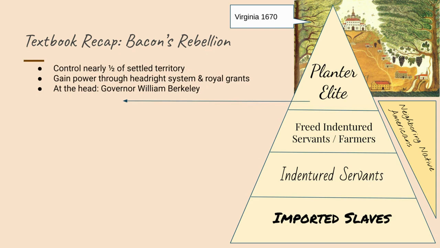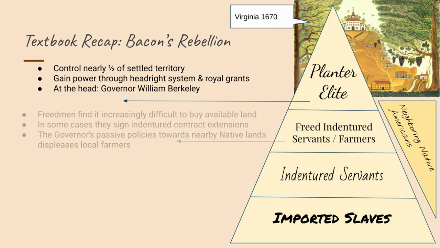So to break it down a little bit, the planter elite controls at this point in time nearly half of the settled territory of Virginia. And they particularly gain their power through the headright system and royal grants. At the head of this planter elite group is going to be Governor William Berkeley, and this is going to be kind of our sole focus in the catalyst for Bacon's Rebellion.